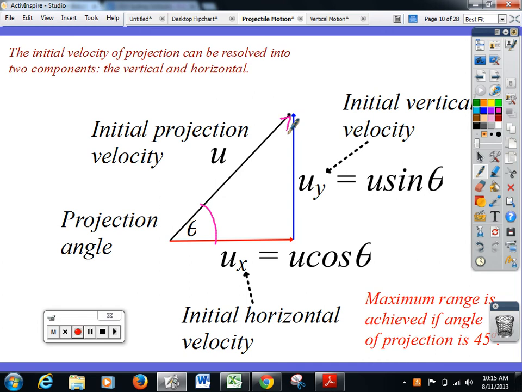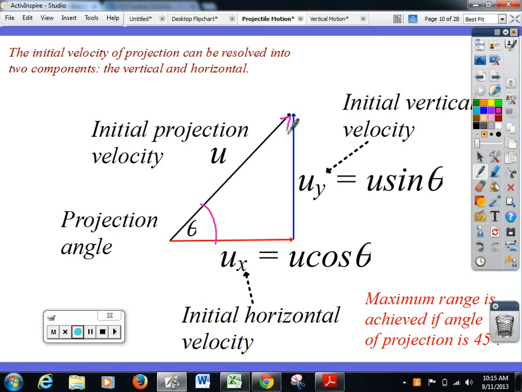At that moment, I push it both sideways and up. Are we okay with that? But I'm combining the motions together. Even though I'm pushing it at a speed u at an angle of theta, that is pushing it sideways and up at the same time.